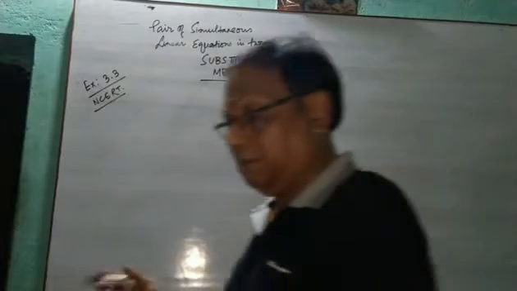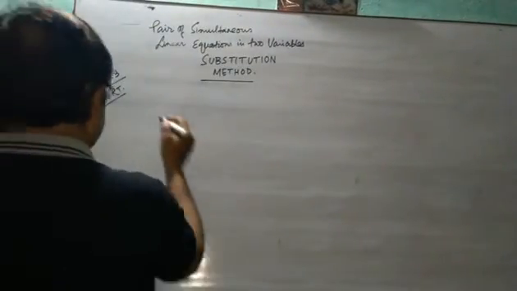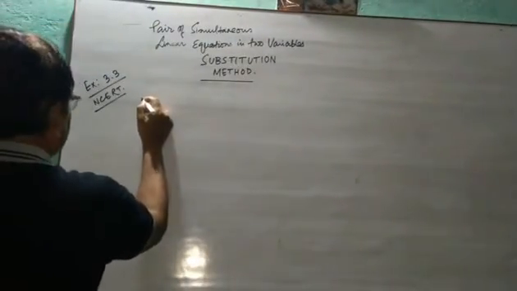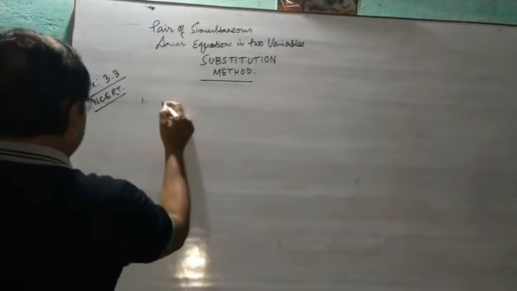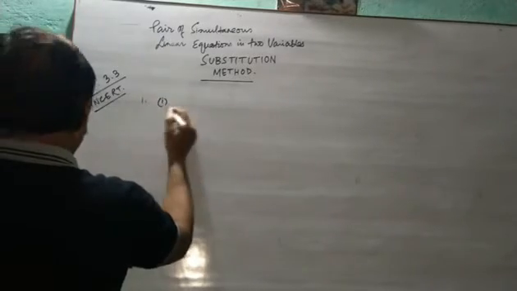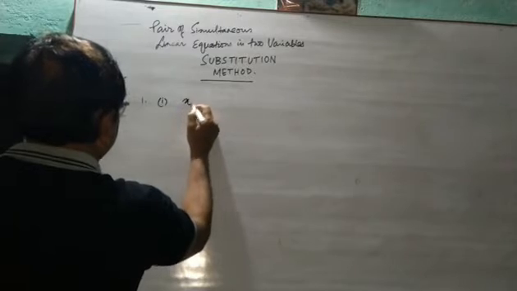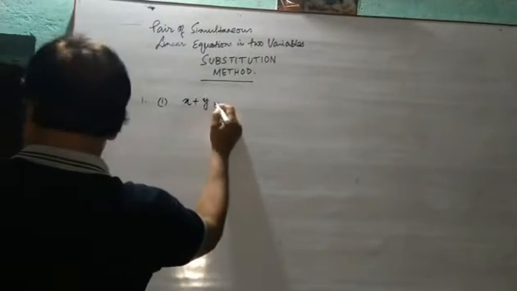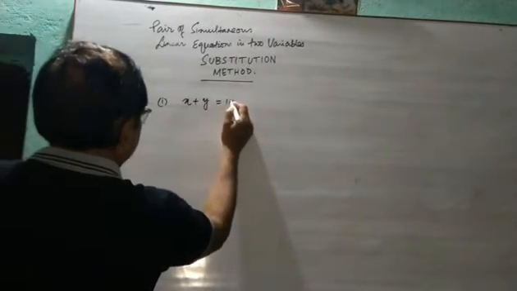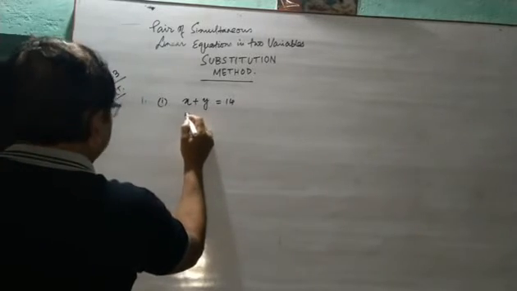How to solve the two simultaneous linear equations in two variables by substitution method. For the first question that I am discussing, question number 1, the simplest question, it will be easy for you to understand. That's why I picked it up.